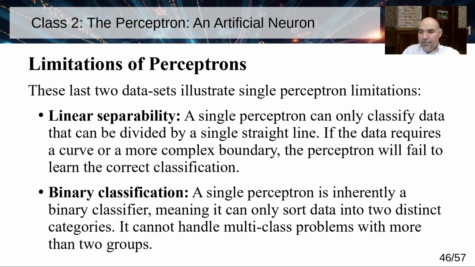Now, by changing the way our step function, or threshold function, or activation function, I should call it, works, you can handle more categories of things, but they have to be along a linear boundary. And we're going to see that next class in the lab we do coming up.